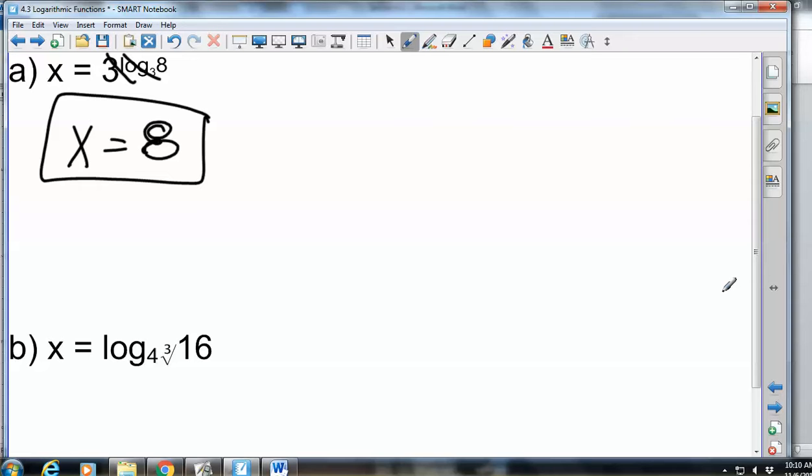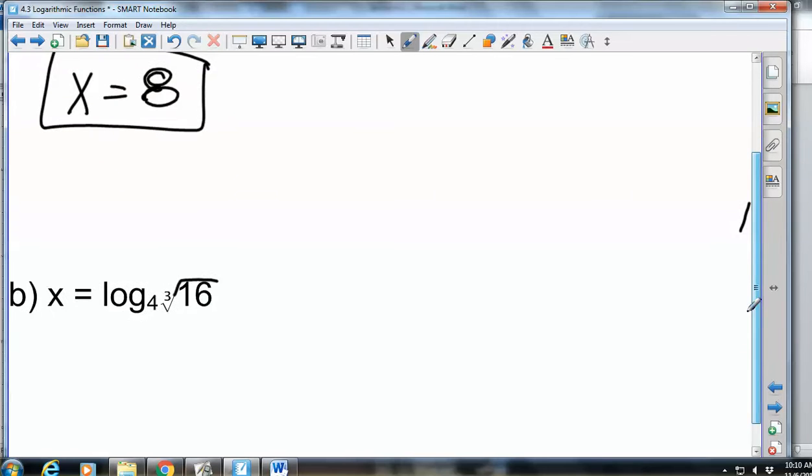Okay, second one. Let's rewrite this. If I told you to evaluate this, log base 4 of the cube root of 16, that's a little difficult.